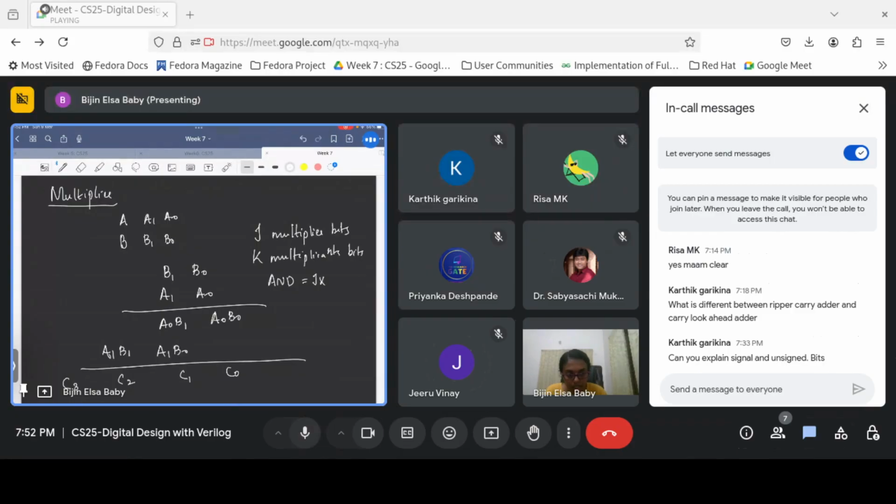J into K. It's 2 into 2 AND gates here for 2 bits. And the others will be J minus 1 into K adders. Here 1 into 2, so 2 adders for this 2-bit. And how many ports will it carry? J plus K ports, so total 4 ports.